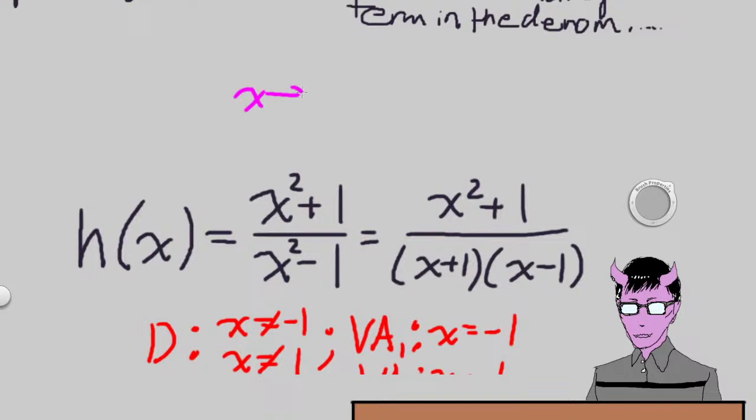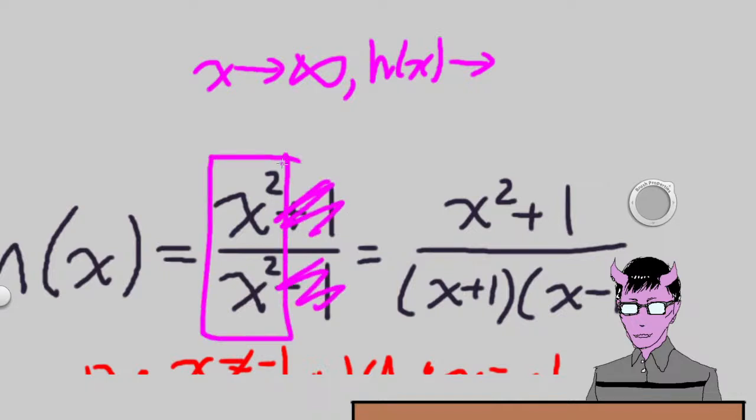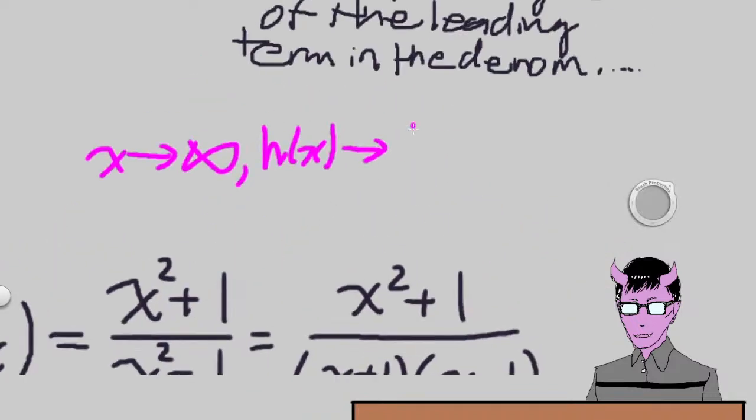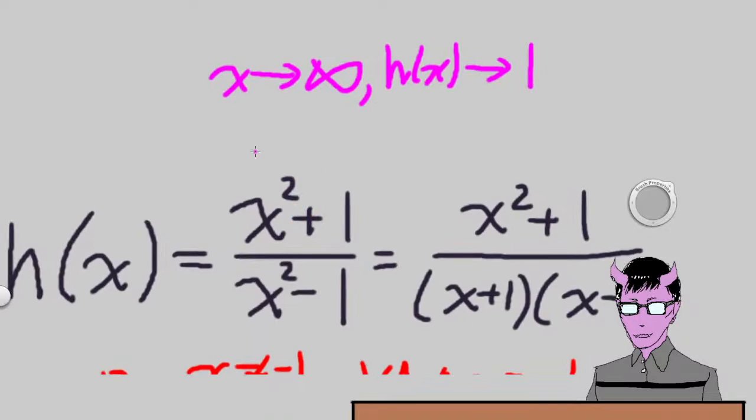So as x approaches a huge number, then your y value approaches what again? Ignore, simplify into 1. So approaches 1. Same thing for the negative.